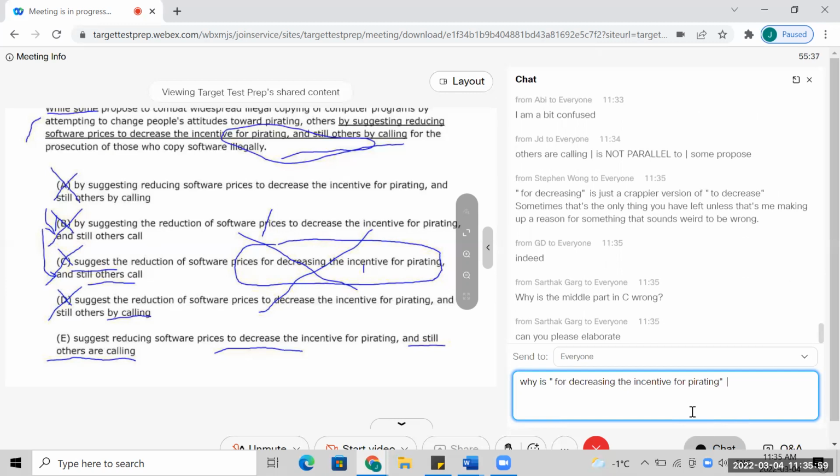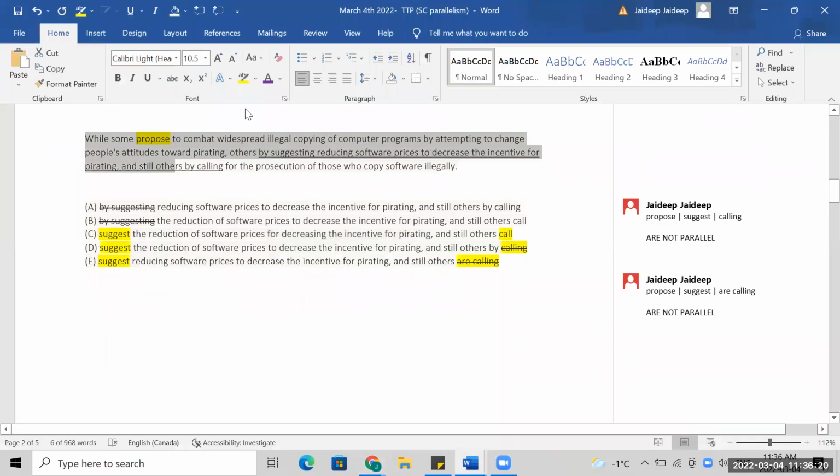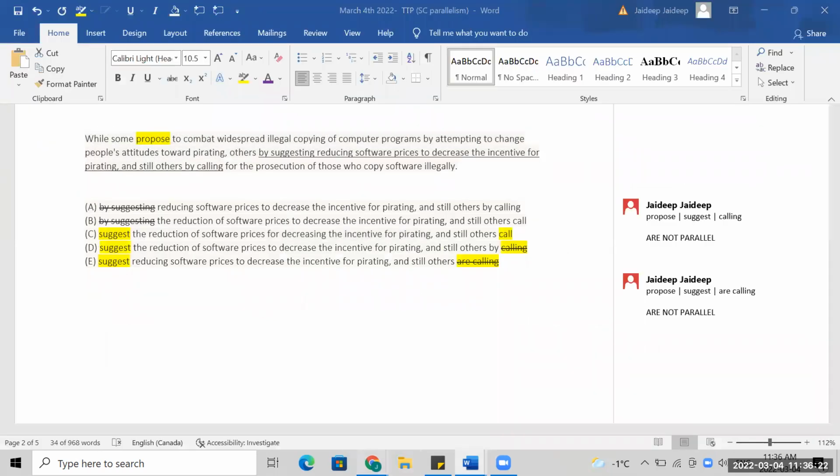And it doesn't have to be exactly the same. So even though propose, suggest, and are calling are not exactly the same, we have propose up here, suggest here, and are calling here. This is why I brought this up. That's the best choice. So the lesson with this one is parallelism does not have to be exact.